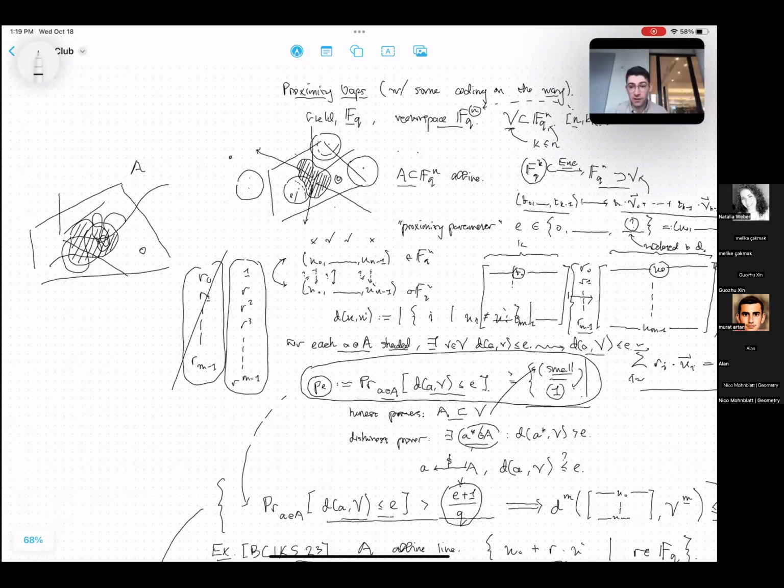disproportionately, right? So now my question as the verifier is the probability taken over a single random coefficient instead of m many. I'll call this A sub R my corresponding point on this parameterized curve. What is the probability that D of A R V is less than E?